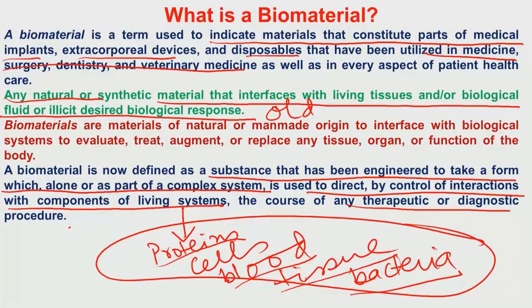So, a biomaterial is defined as the substance that has been engineered to take a form which alone or as part of a complex system. Let me substantiate this part of the definition. A typical drug which people use when they are not well, like penicillin, or simple saridon, or some of the anti-inflammatory drugs, we cannot classify as a biomaterial.